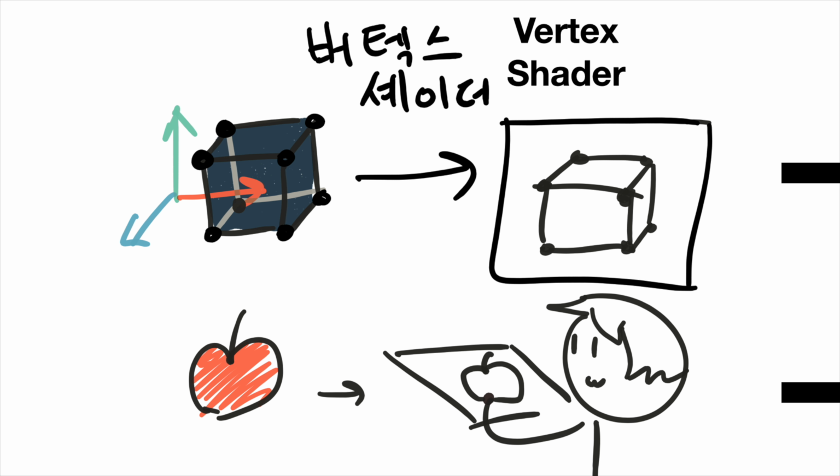This process is necessary because even if an object remains in the same position in the real world, the perspective or angle from which you look at it determines its position and size on paper, on the sketch. Essentially, the vertex shader decides how the vertices of the real-world object will be spaced on paper. I will explain that in more detail later.